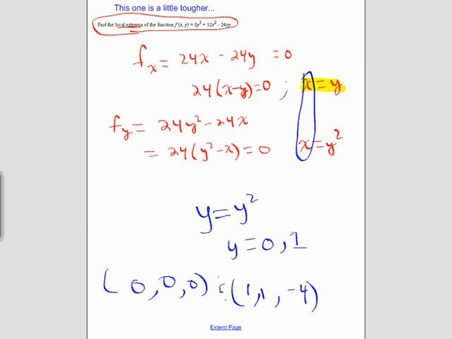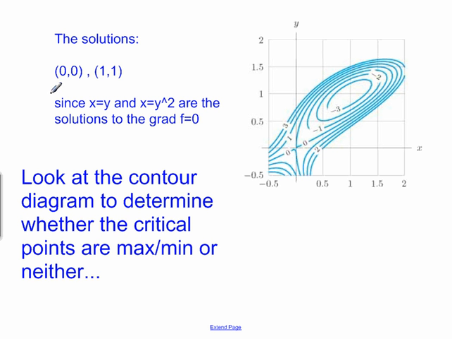So looking on the next page, we have our solutions. They make our gradient function equal 0. And we notice that on our contour, we've got concentric circles at the point 1, 1, and, sorry, -4. And what we notice is that my z values are getting smaller and smaller.